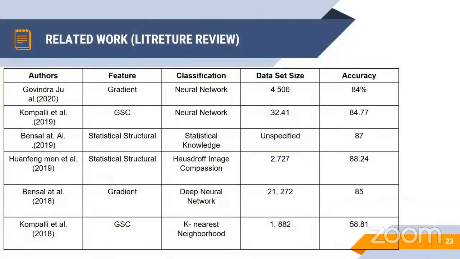One more author with the classification technique of neural network, the feature gradient, with the data size of 4.506, and the accuracy is 84%. The next author, with the feature GSC, classification neural network, with the data size of 32.41, with the accuracy of 84.77.